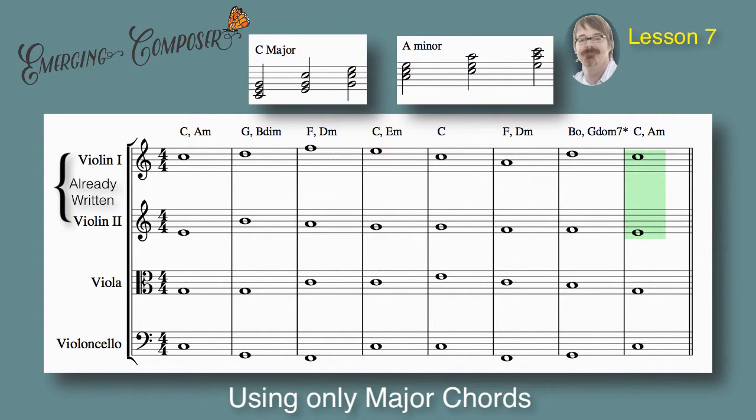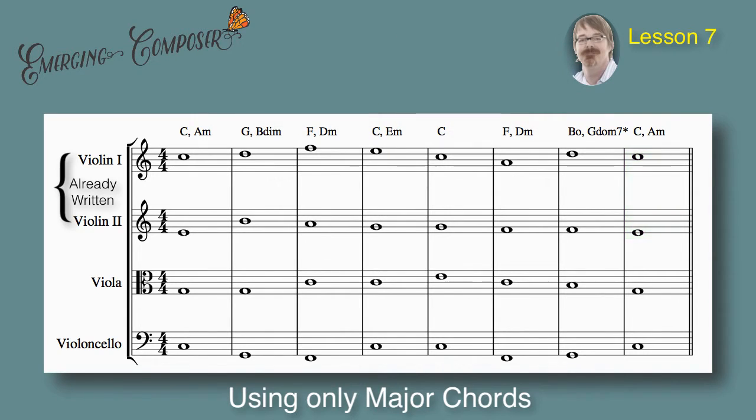Well, I made some choices right to start with. First of all, we're in the key of C. I want to start and end it on a C major chord. So that's what we did. C major chord. That was my choice. I wanted to keep this really, really simple. I kept it all major chords the first time around.